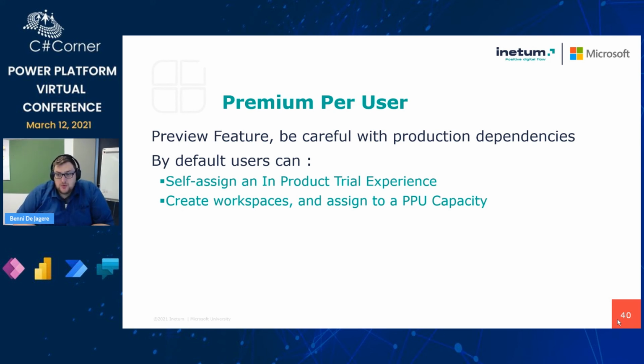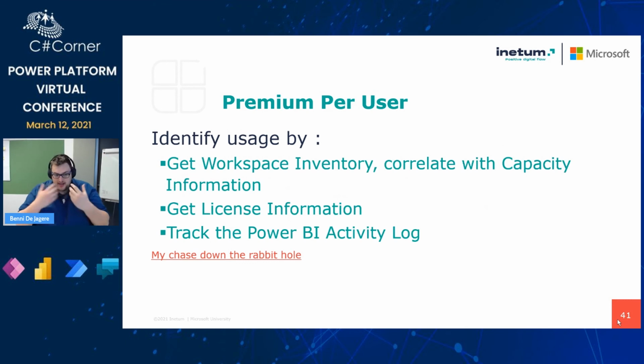So how sure are you that you don't have 150 users in the organization that will require a premium per user license, because they have built a lot of these things on top of this? And it's mainly for that reason that I wanted to dive into this myself, because I actually had a client with this specific question.